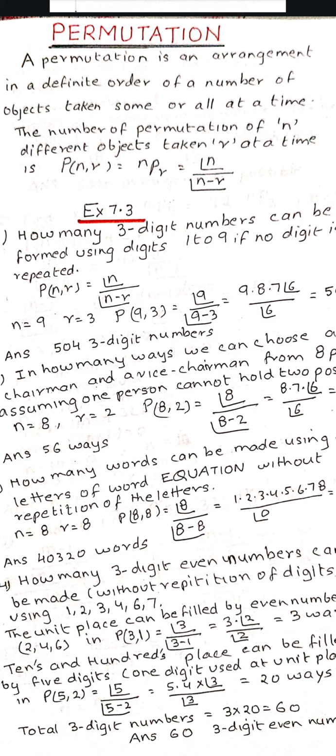The number of permutations of n different objects taken r at a time is P(n, r) or nPr, as you can see. The formula for permutations is factorial n upon n minus r factorial.